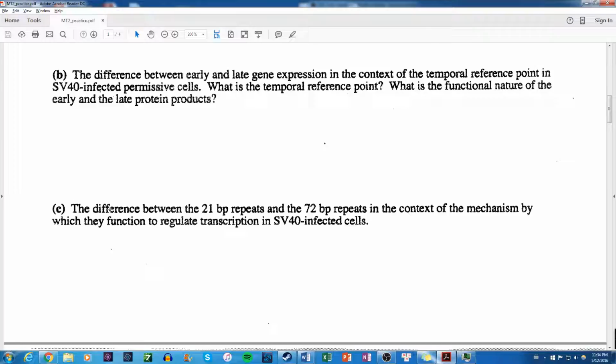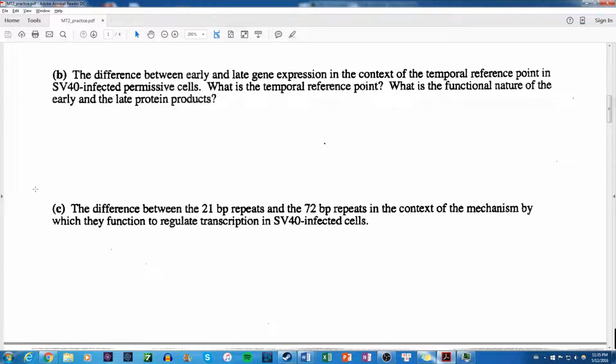Okay, now remember, SV40 has its RNA, it has its gene, right? That gene has a TATA box, but also has a 21 base pair repeat, and there are 3 boxes of that 21 base pair repeat.